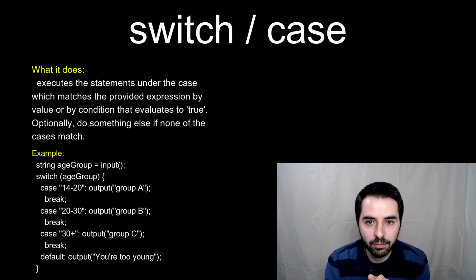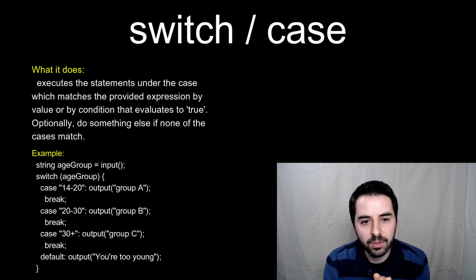So we want to identify which group this person should be in, and we can write a switch statement saying switch age and check if it's between, let's say, 14 to 20, put in group A. If it's 21 to 30, put in group B. If it's greater than 30, put in group C. And if none of this, then we say, okay, you are too young for now. So this is an example of how we would use a switch statement.